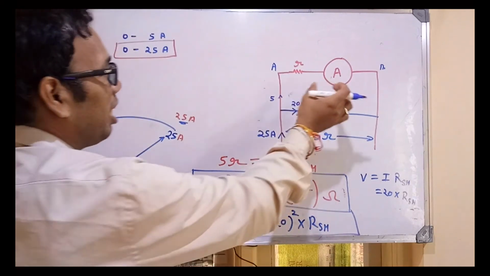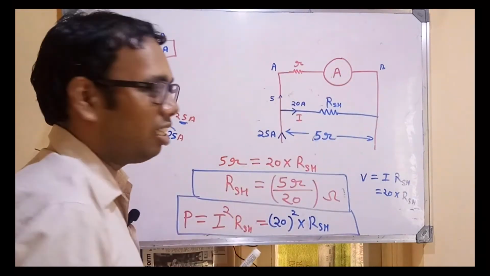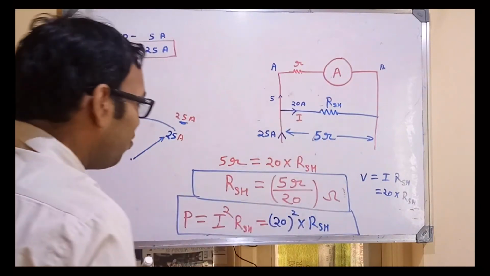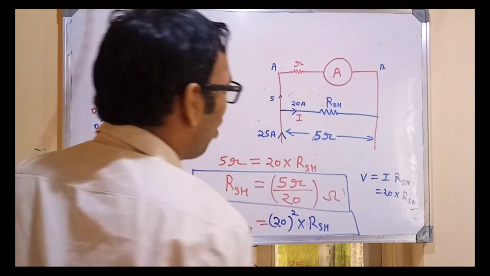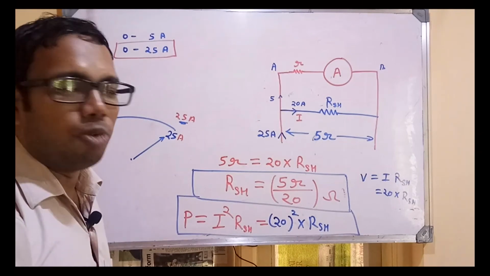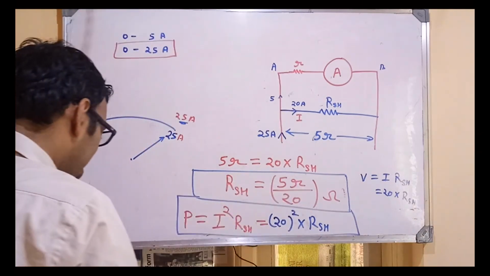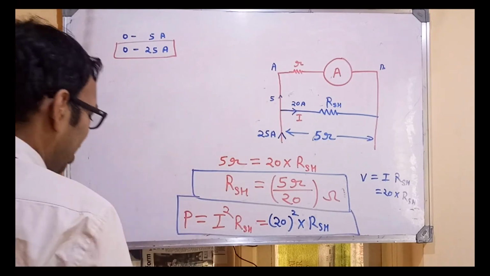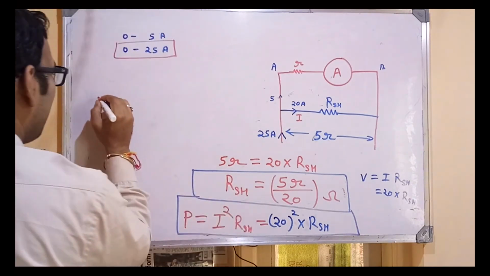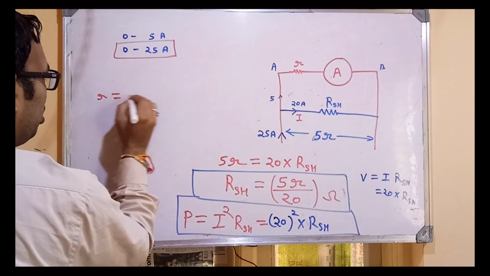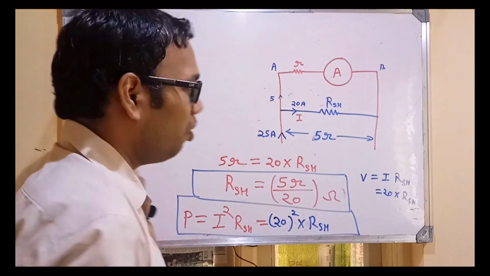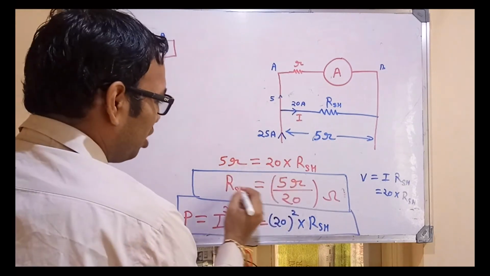This is if the meter is chosen as a linear meter. And the value of small r, the resistance, is very, very small. So let us do a small calculation. Let us assume small r is 1 ohm. Then how much is RSH?